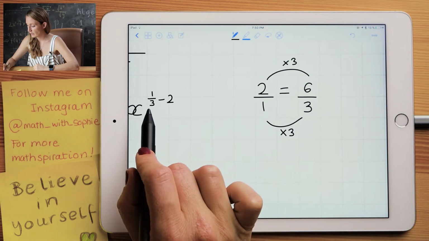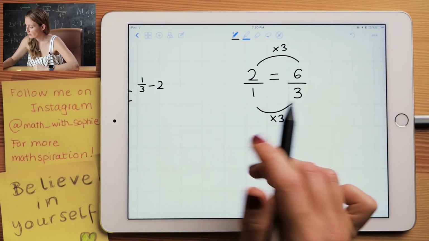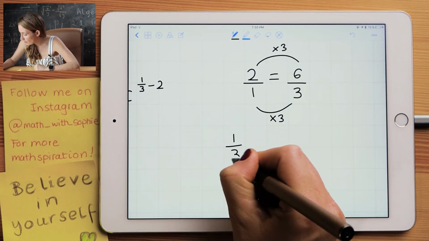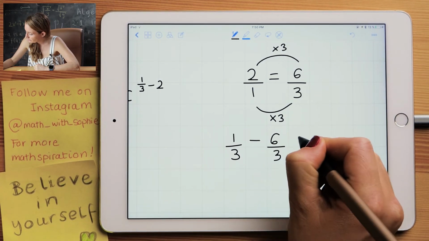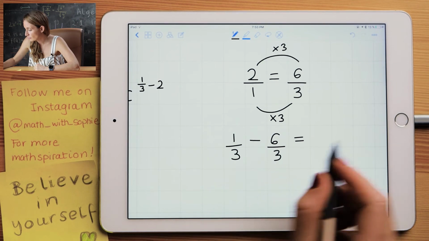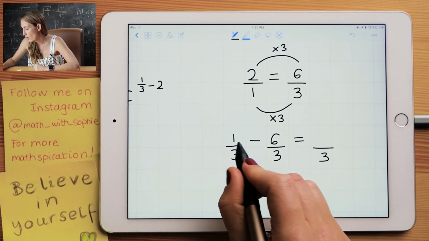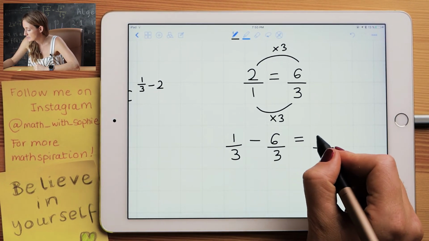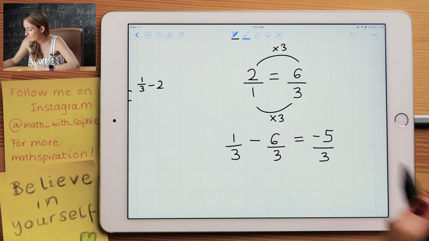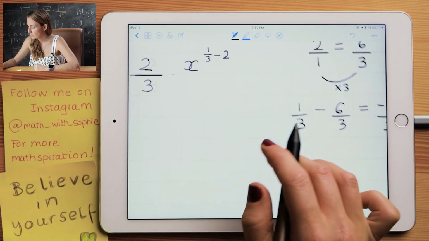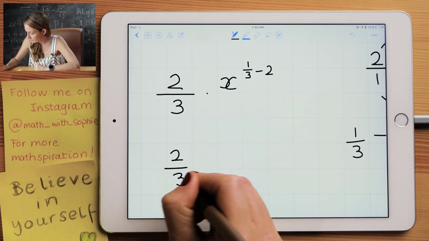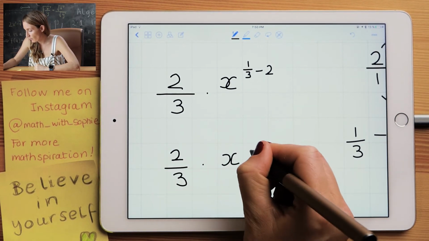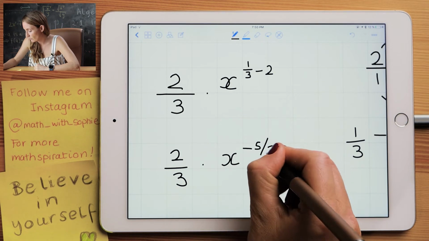So in order to calculate a third minus 2, I do a third minus, instead of 2, 6 over 3. I've got a common denominator now of 3. 1 minus 6 is minus 5. So I've got 2 thirds x to the power of minus 5 over 3.